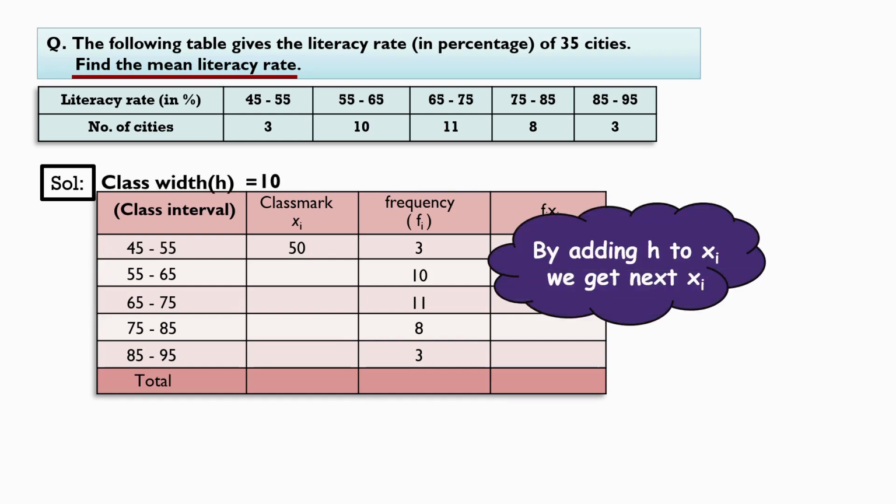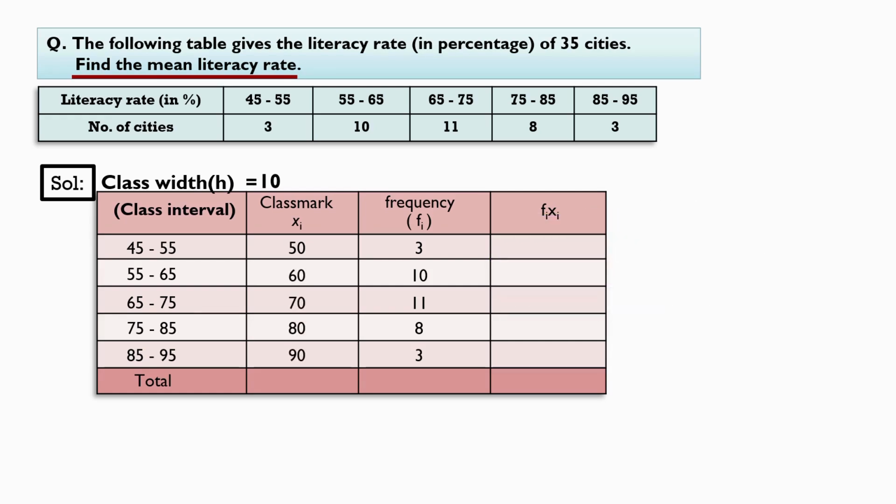Now you keep on adding 10 to the subsequent class mark, and then we will get the next xi. So 50 plus 10, 60, then in this way we fill the class. Now we need to find FiXi. That means we have to multiply xi with the fi. So in this way we will multiply and we will get the value.